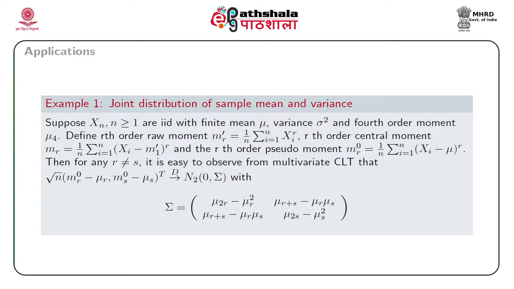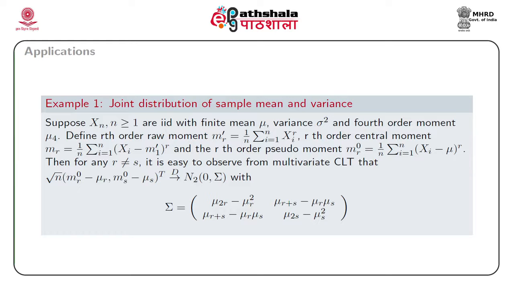Then for any r not equal to s, it is easy to observe from multivariate CLT that the limiting distribution of m r naught and m s naught is bivariate normal with mean vector 0 and dispersion matrix sigma, where the dispersion matrix sigma has diagonal elements mu 2r minus mu r square and mu 2s minus mu s square, and the off diagonal element as mu r plus s minus mu r multiplied by mu s.